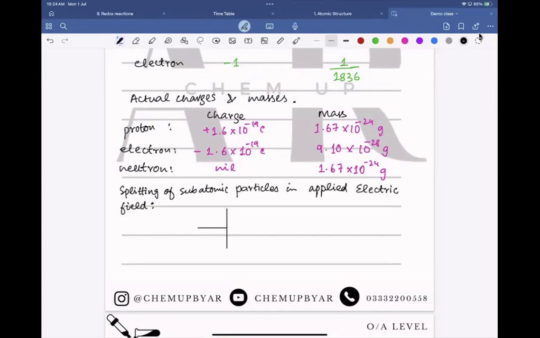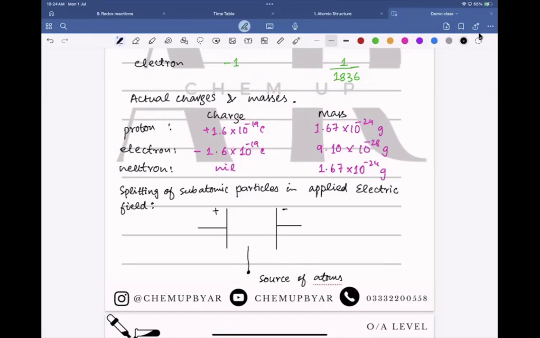So here we have the applied electric field. This is positive, this is negative. And here we have the source of atoms from where we bombard the atoms. So the beam of atoms passes through the electric field.